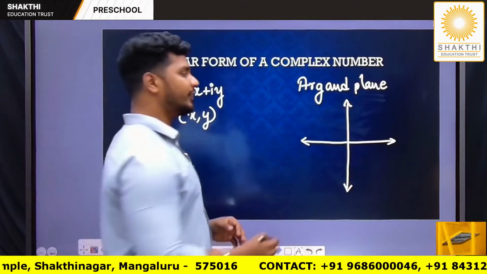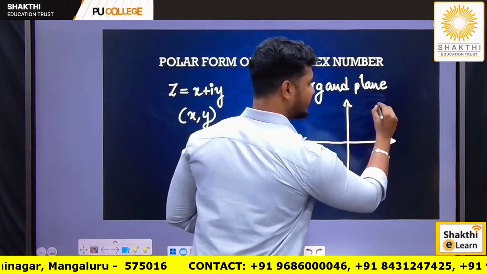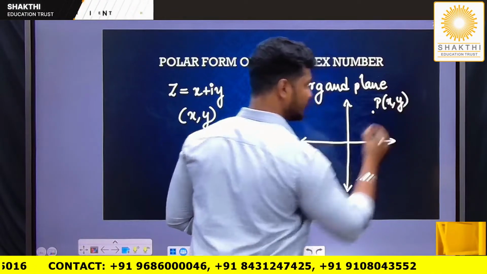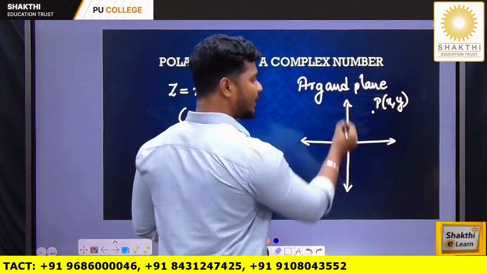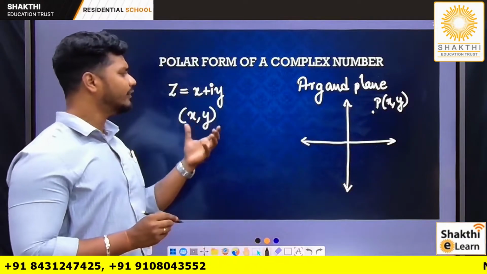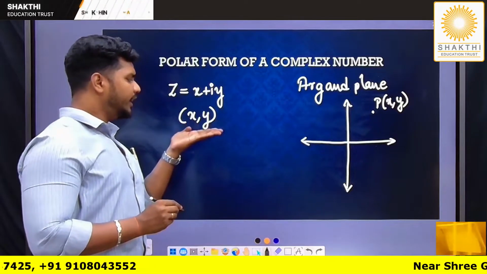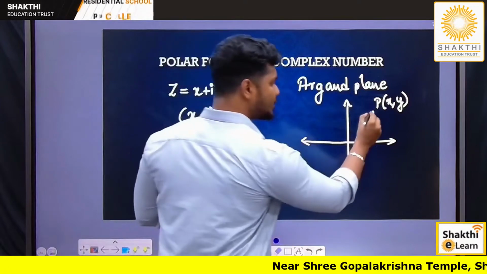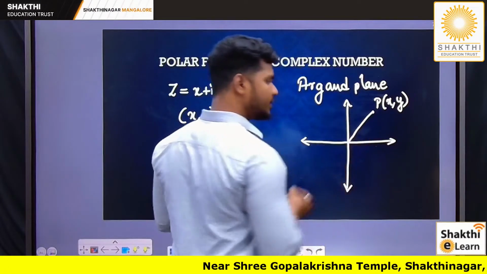Representing the point in the first quadrant, I'll say the point is P and it has a coordinate of x comma y. Now, in the real and imaginary axes, if I have denoted a point z is equal to x plus iy, taking the coordinates as x comma y and represented in the Argand plane, I can join that point to the origin.